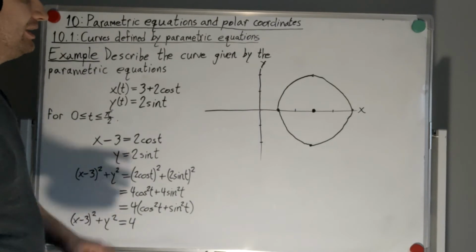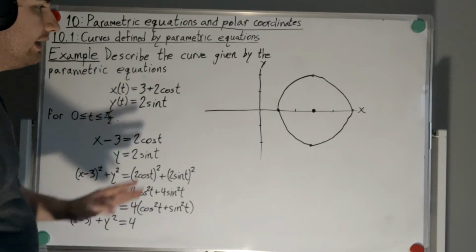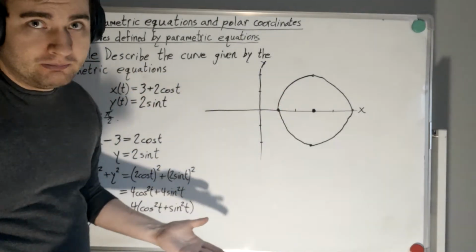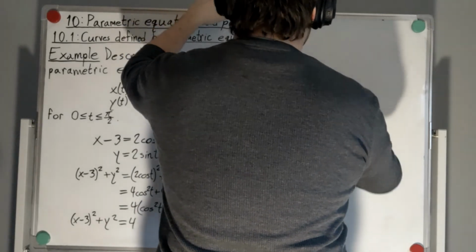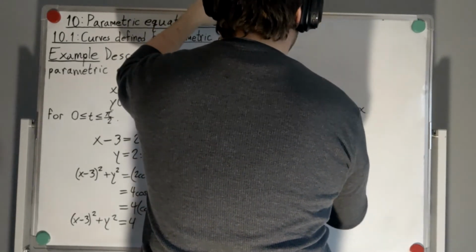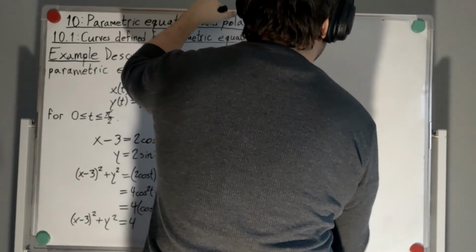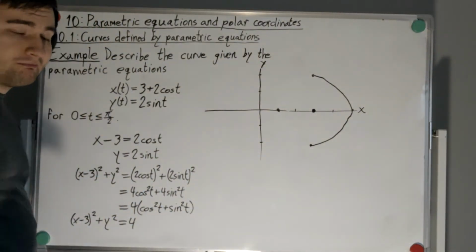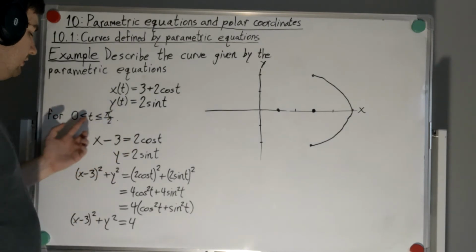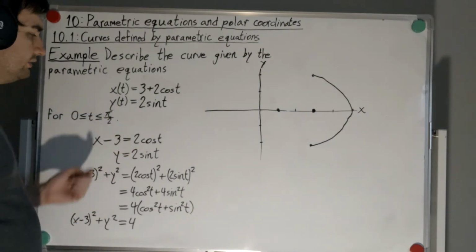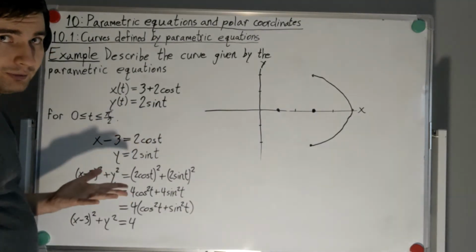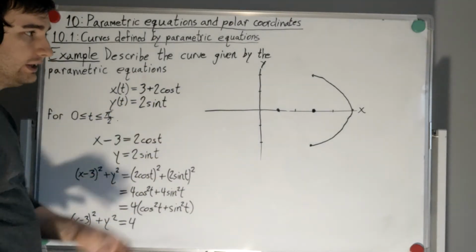Okay, so that means that we definitely should not have any part of this circle that has x being less than 3. So let's just erase that part. Additionally, when t is between 0 and pi over 2, sine is between 0 and 1, which means that we should not have any negative values for y.